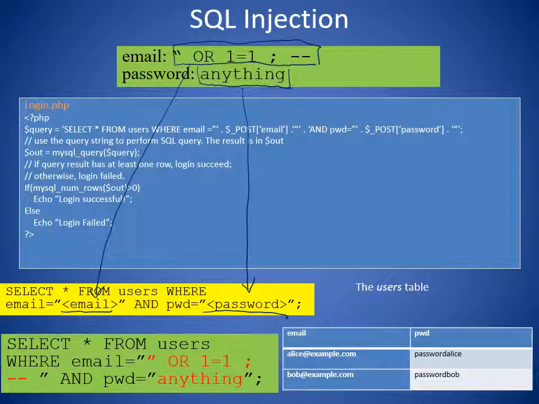It's going to be select star from users where email equals, and as we said, this double quote is the double quote that's provided by the PHP code.